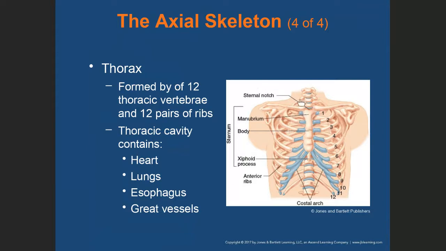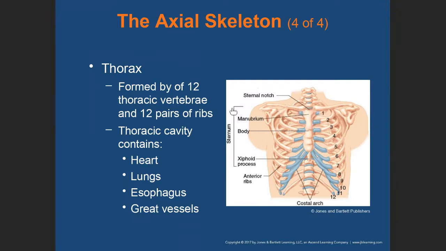Now, if we look at this diagram, we will see some areas that we definitely need to be familiar with. So you have the sternal notch, which is an important landmark if we need to determine if the trachea is centered in a trauma patient. You have the top portion of the sternum.